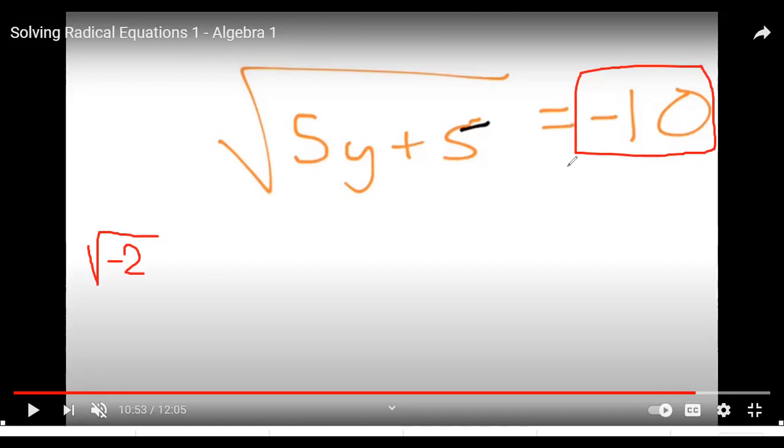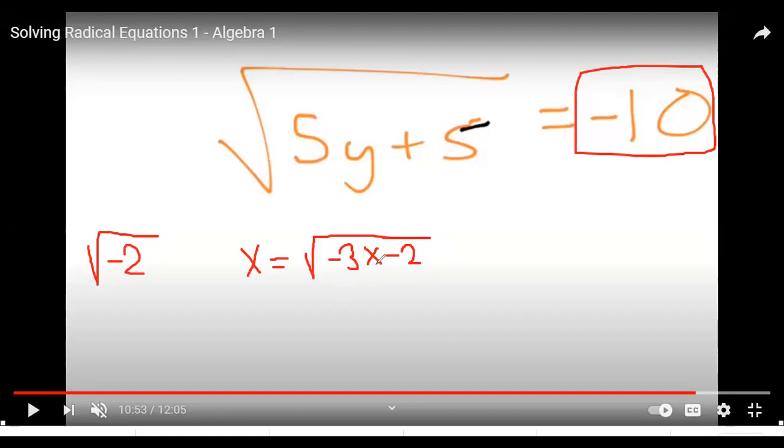If I will give you this question, x equal square root of negative 3x minus 2.